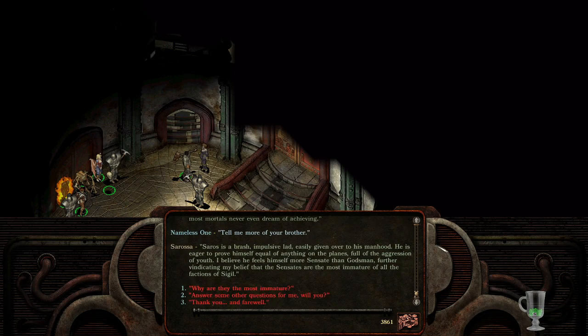Any more of your brother? Saros is a brash, impulsive lad, easily given over into his manhood. He is eager to prove himself equal to anything on the plains, full of the aggression of youth. I believe he feels himself more sensate than Godsman, further vindicating my belief that the sensates are the most immature of all the factions of Sigil.